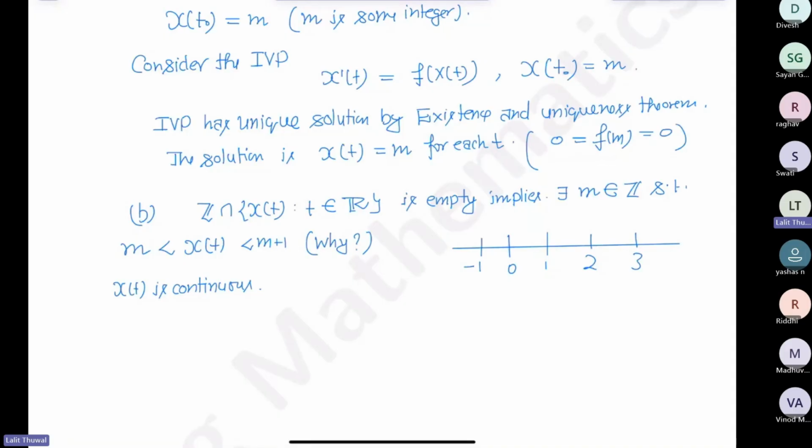So if we choose a particular value t0, and x(t0) lies here, then for each t, x(t) is between 0 and 1. Why? Because x(t) cannot be outside for any t, because otherwise this continuous function has to take 1 also, right? Because of the intermediate value property. Whenever a continuous function takes two values, then it takes every value between them.